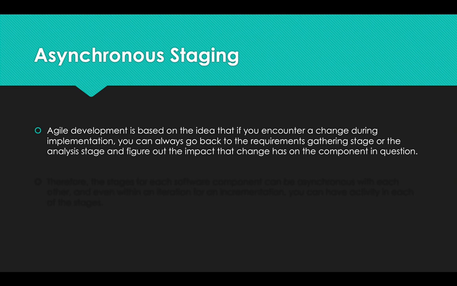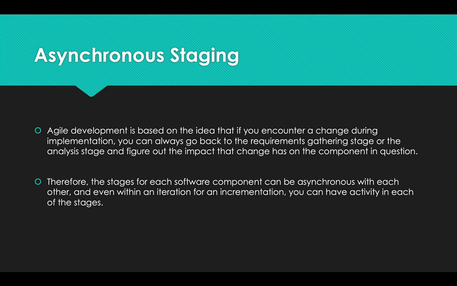So if you find a new requirement for a component at iteration 1, iteration 2 can always go back to analysis or requirements gathering, and in the next iteration propose a fix or a better version of that software component.